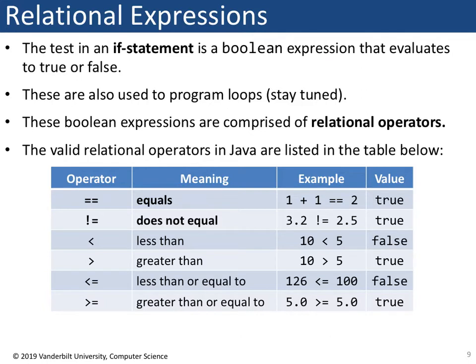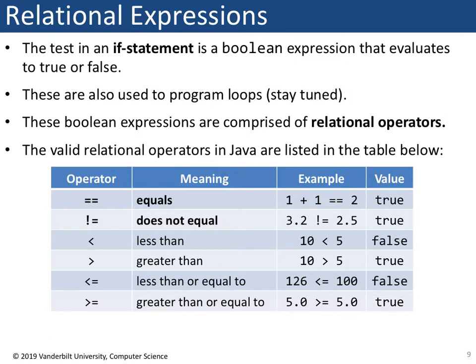Double equal sign tests whether or not the operand on the left is equivalent to the operand on the right. And operands may be expressions themselves. So in this example, we could do 1 plus 1 is equal to 2. The left expression will be evaluated and evaluate to a value of 2.